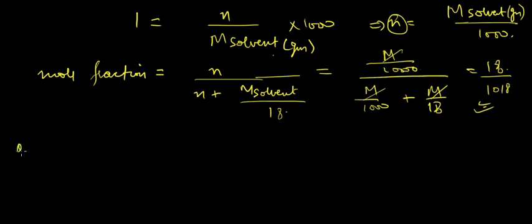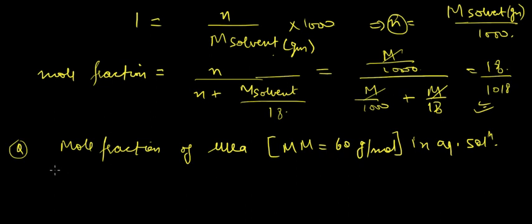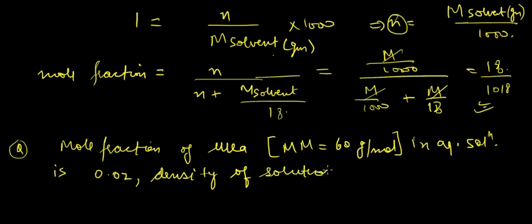Let's take another example. Here mole fraction of urea, with molar mass of urea as 60 gram per mole, in aqueous solution is 0.02, and density of solution is 0.99 gram per ml.